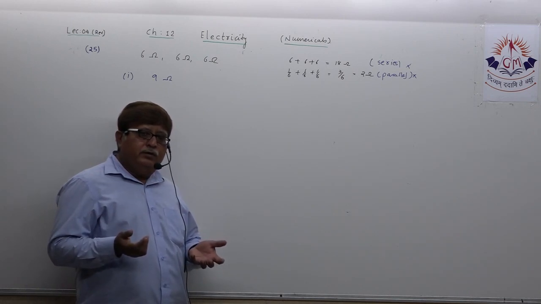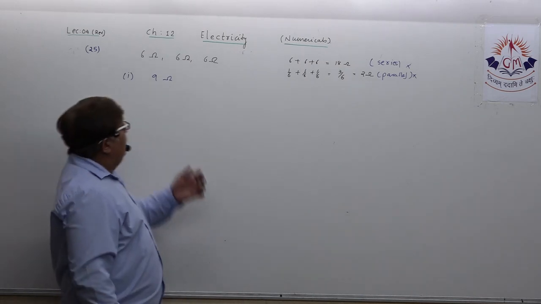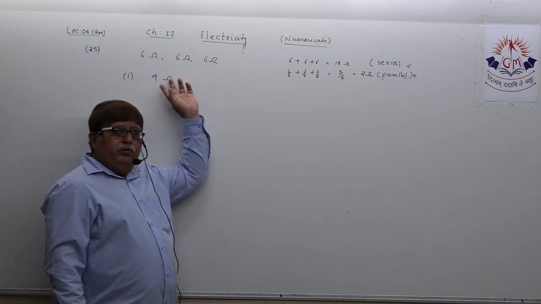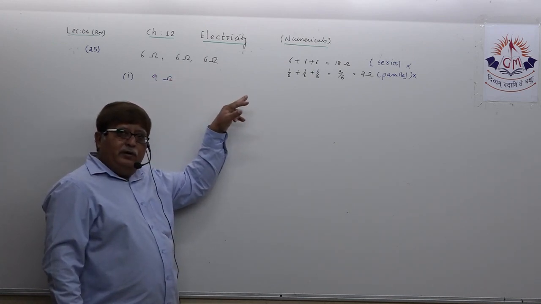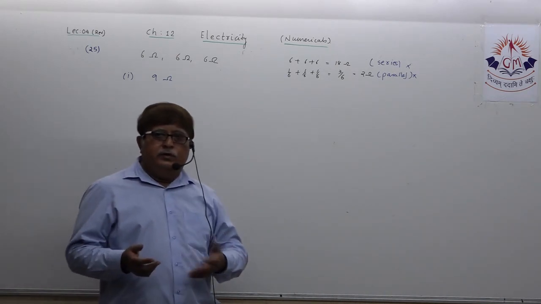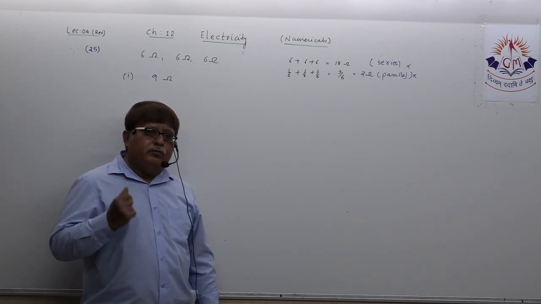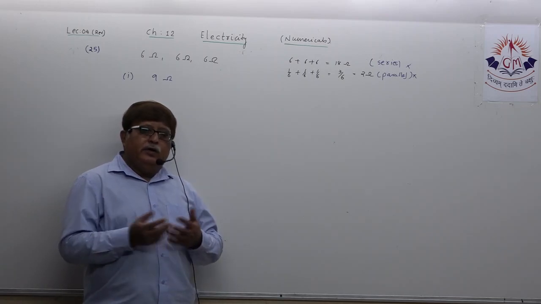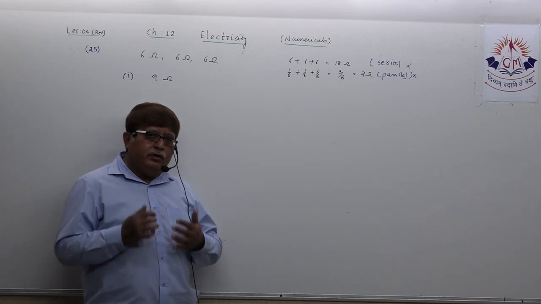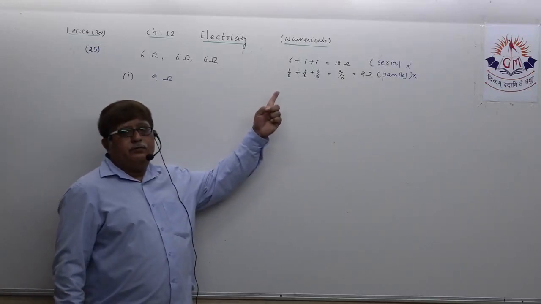Something differently means I can think of some combination like two resistors in parallel then in series, or two resistors in series then parallel. These are the combinations you are left with. You do not have the combination of only series or only parallel. This is actually the clue point, because some student may be querying, sir, how can we know that it should be joined this way? Understand, how can we come to know? So that's why I have discussed this first.